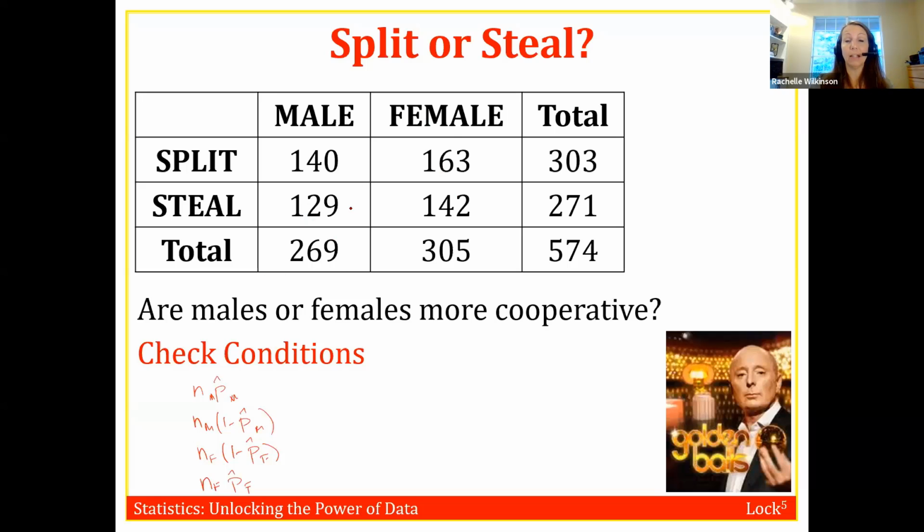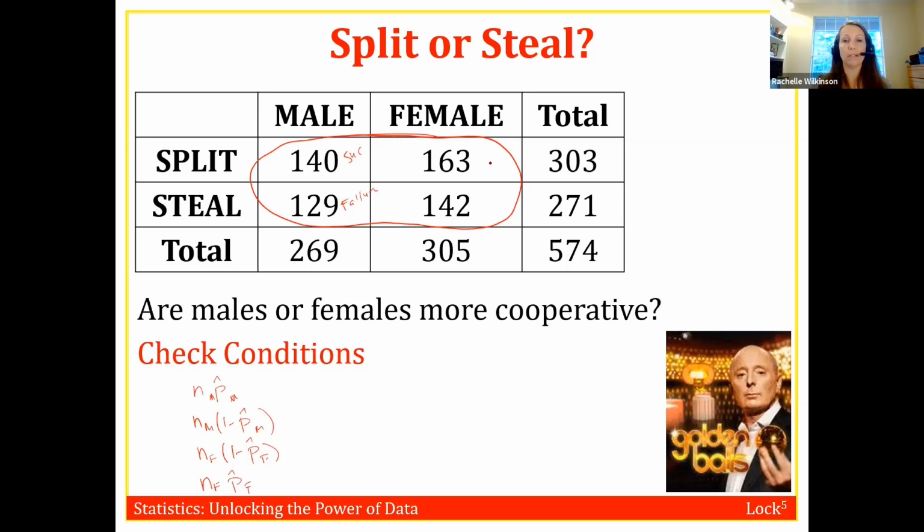And if they give you your data in a two-way table, the easiest thing to do is just look at the middle four numbers on the table. So anything that's not in a totals column or row are the four numbers that you need to check the conditions. So this is for the males. This is going to be my successes for the males and the failures for the males.